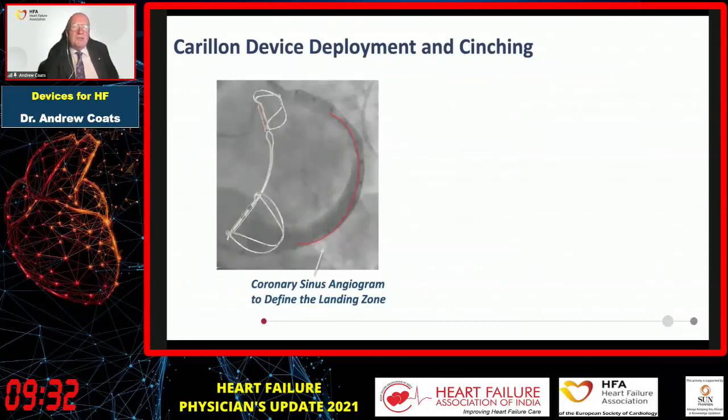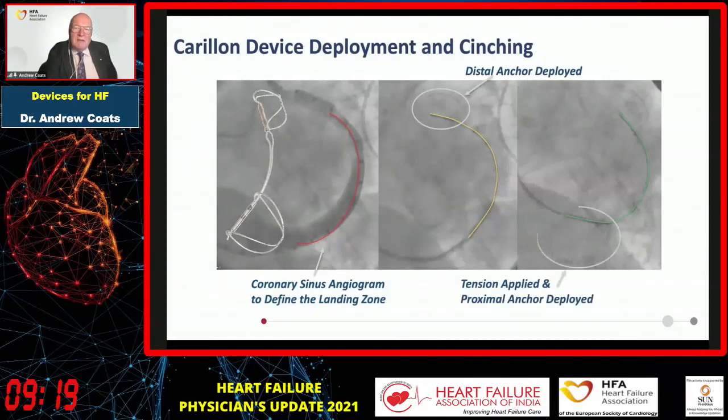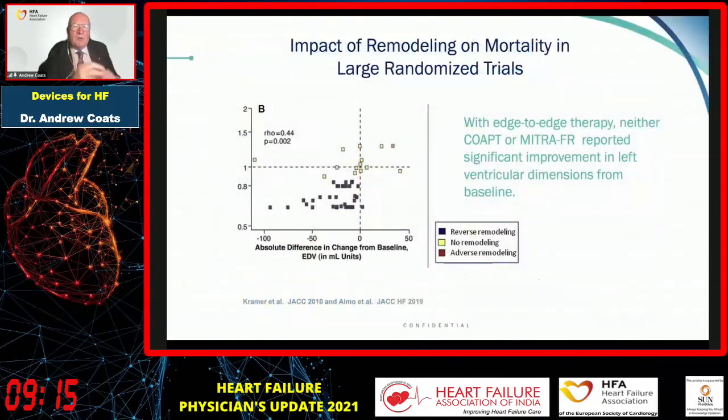So it reduces mitral regurgitation, not by actually changing the mitral valve, but by reducing the diameter of the left ventricle at the mitral valve area. You see you deploy the distal anchor, you then apply tension and release the device, causing that to then reduce ventricular size. This leads to significant LV reverse remodeling and improvement in the LV adverse remodeling of heart failure.